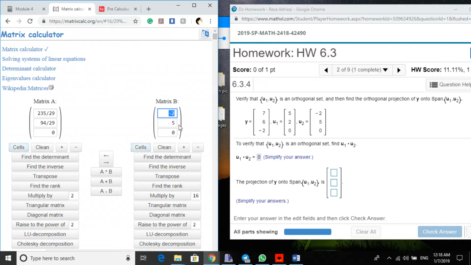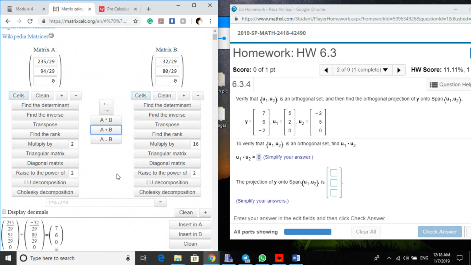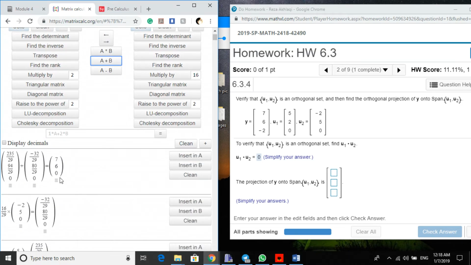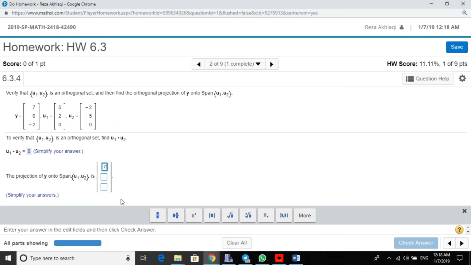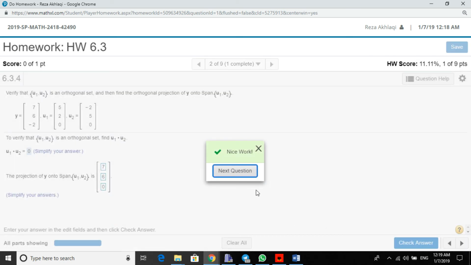And the other one, which we found from u2, is -32/29, 80/29, and 0. So we add A plus B and find the answer. It's 7, 6, 0. So you come here and test this number to see if it works: 7, 6, 0, and let's check the answer. Boom. Yes.